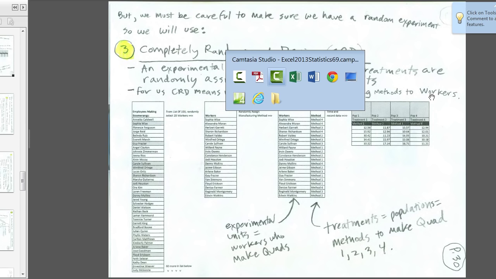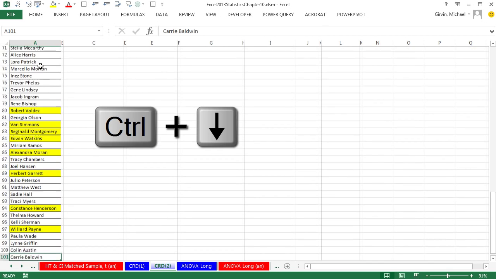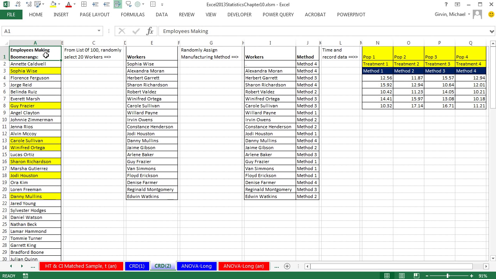Now I want to go over to Excel, and on the sheet CRD2, here's what we did. If I Control-down arrow, I can see I have exactly 100 employee names. And from earlier in our class, we learned about simple random sampling. And we would randomly select and get a list of 20 workers. Once we have these 20 workers, then we need to randomly assign the method for each worker.